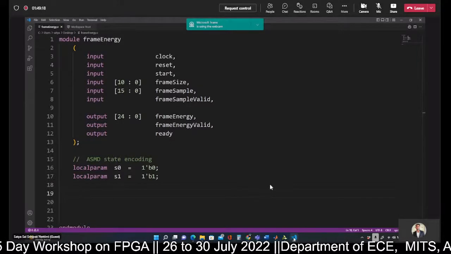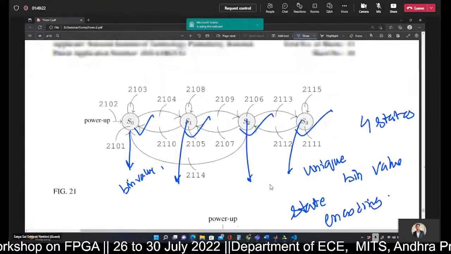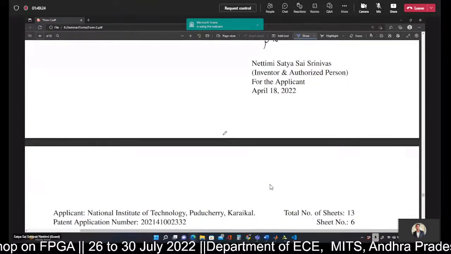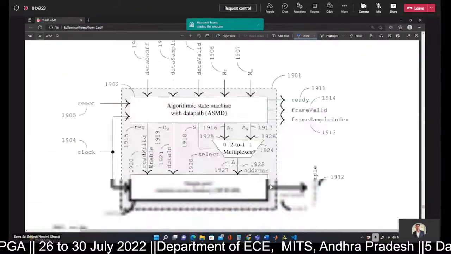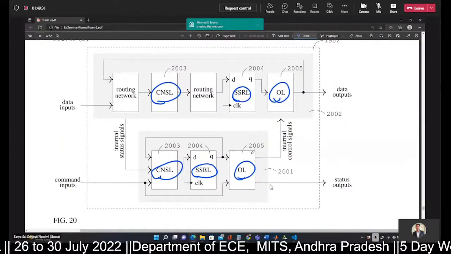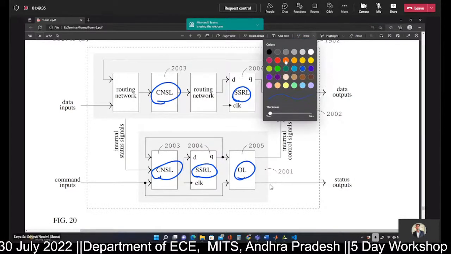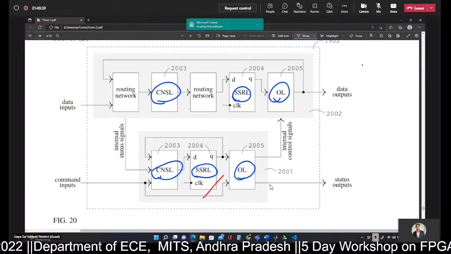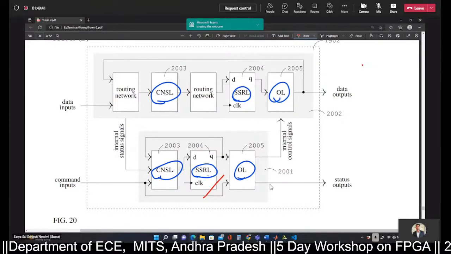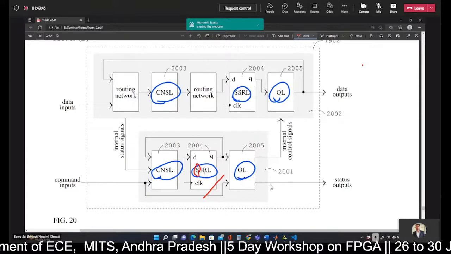As you can see in the diagram, we have sequential state register logic. As the name suggests, sequential, so it is dependent on the clock.